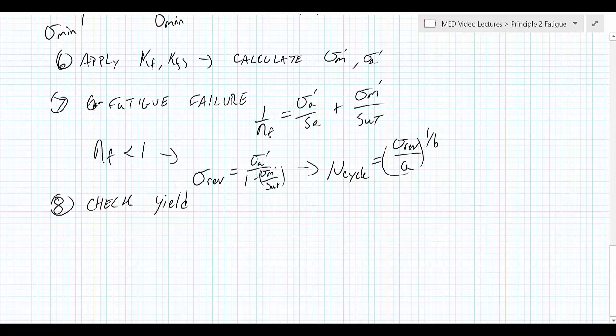Now, here we could go back and look at the maximums for each one and combine them and use von Mises, and that's fine, and we'll get you the most accurate answer, but the quickest answer is just looking at the yield strength compared to what I might call the modified maximum. So that is the yield strength, and we can do basically sigma A plus sigma M. So that's basically a modified maximum.